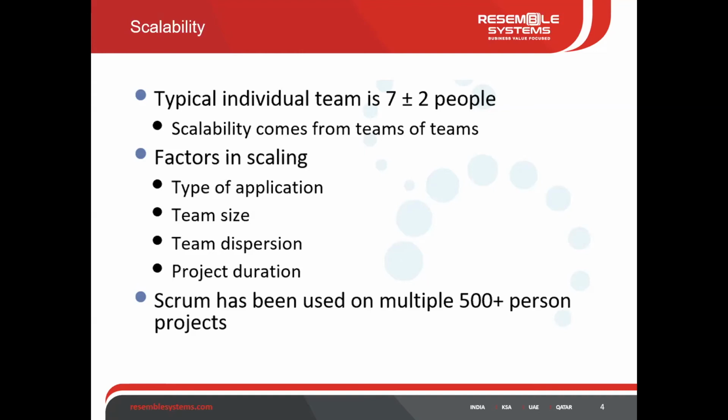There are also many factors as part of that, like type of application, team size, project duration, and dispersion. All those factors create a velocity for me to make a decision on how scalable the team should be. So that's one of the major considerations.